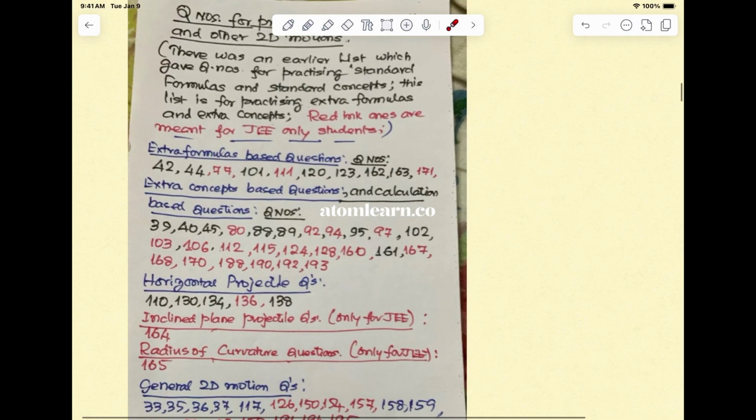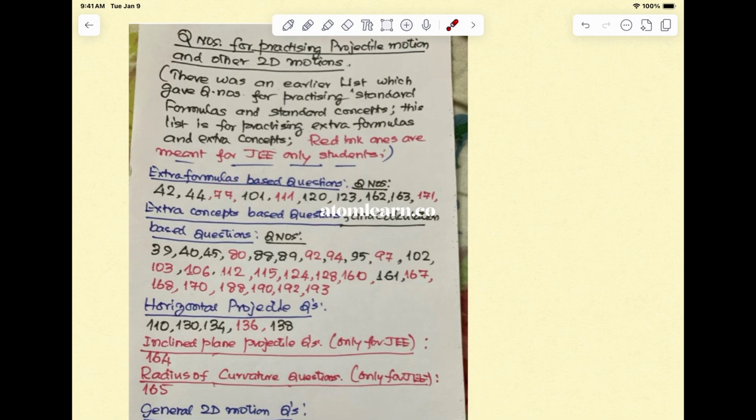Many questions are of common level for both NEET as well as JEE Main, whereas some questions are oriented only towards JEE difficulty. Those questions are given in red colored ink, so only JEE Main people can practice those. Otherwise, all NEET as well as JEE Main people can practice the black colored question numbers.